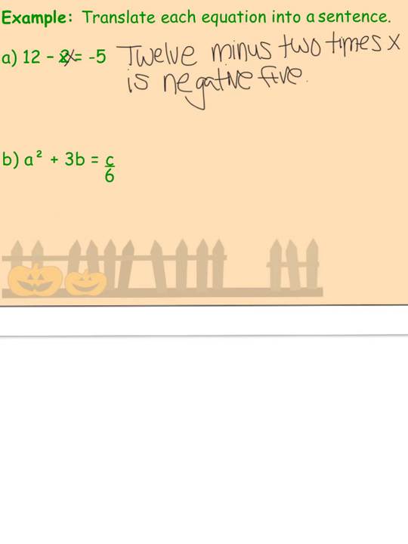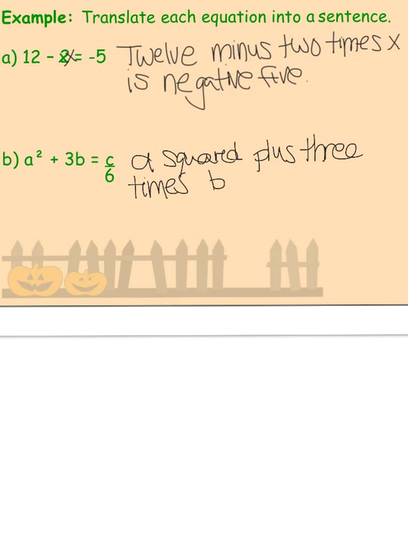So this next one, you would read this to me saying a squared. Again, you're writing out every part. So you're not going to put a little 2. You're actually going to write out a squared plus 3 times b, and for this one, I'll put equals because a lot of you guys will say equals C. Some students will put over 6.